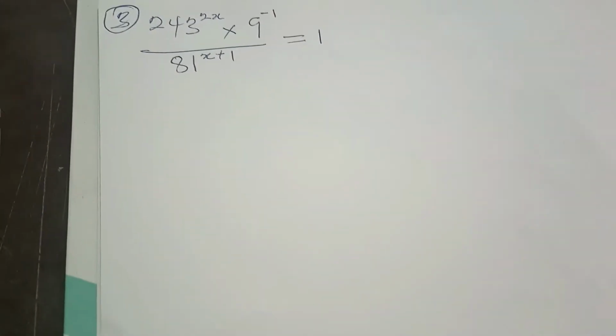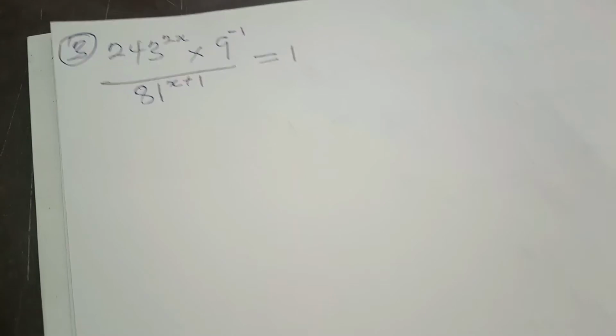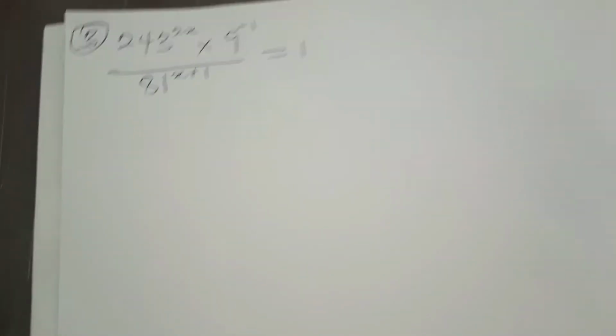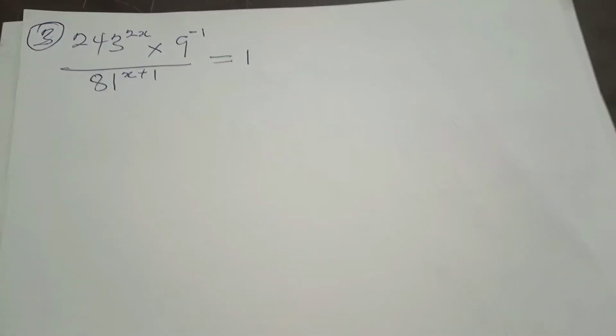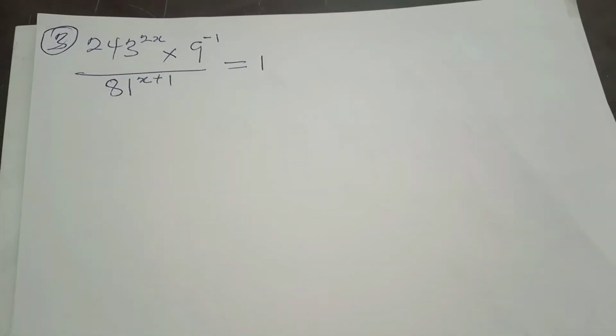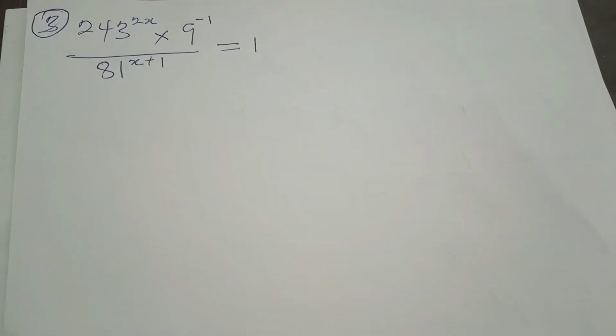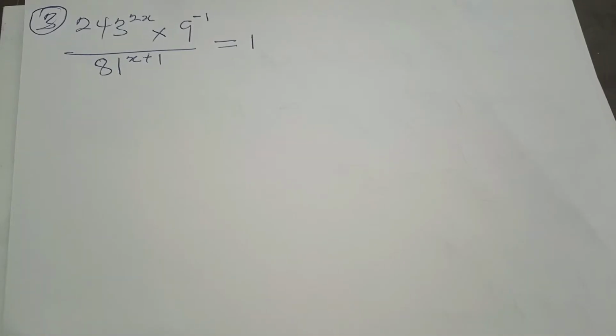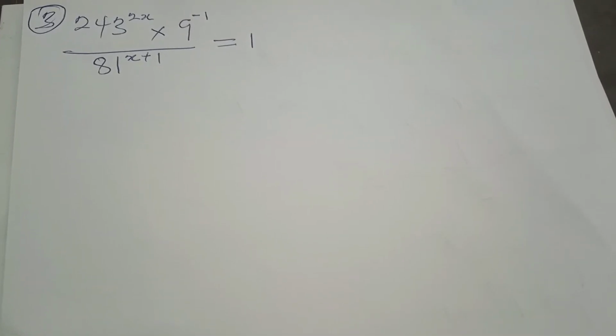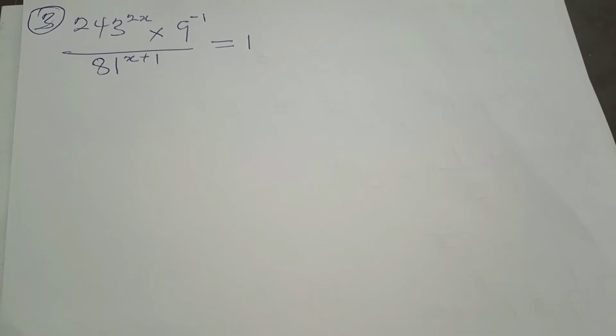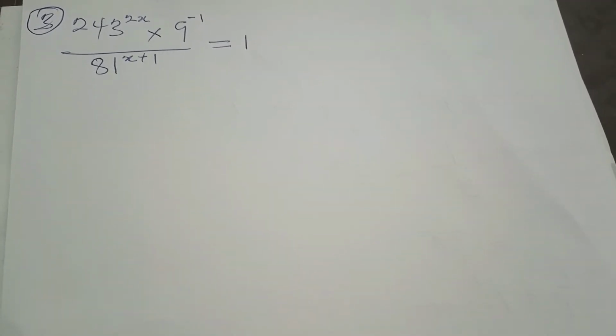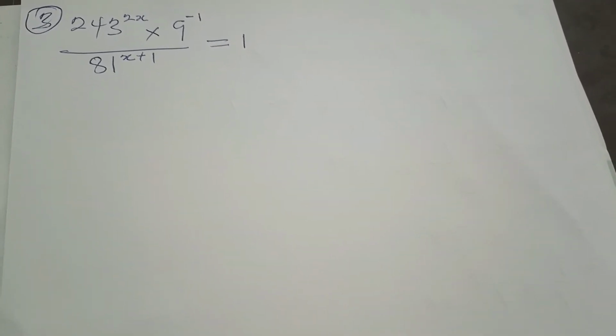This equals 1. Good. So we are solving 243 exponent 2x times 9 exponent negative 1 all over 81 exponent x plus 1, and the whole of this should be equal to 1.